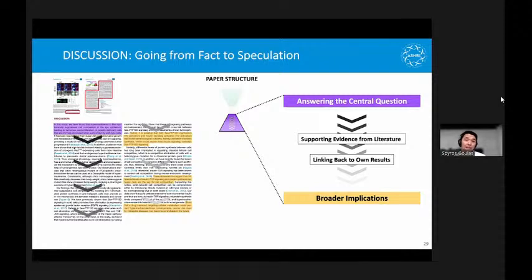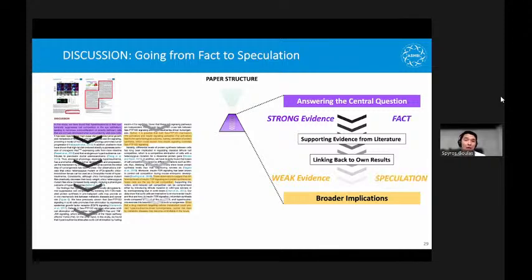Therefore, there is a kind of directionality here, going from the strong evidence to the weak, or from fact to speculation.